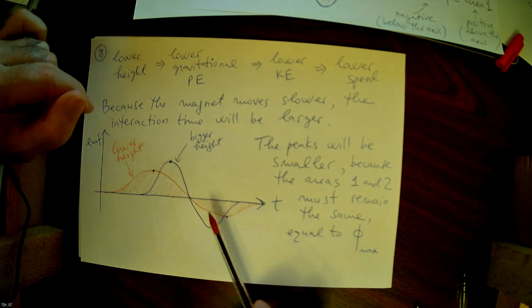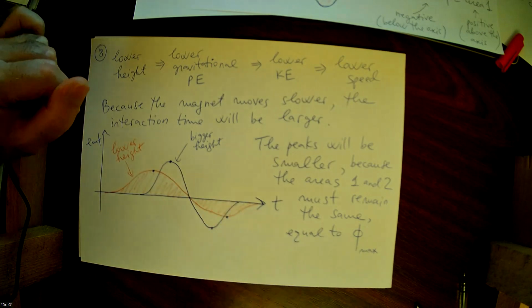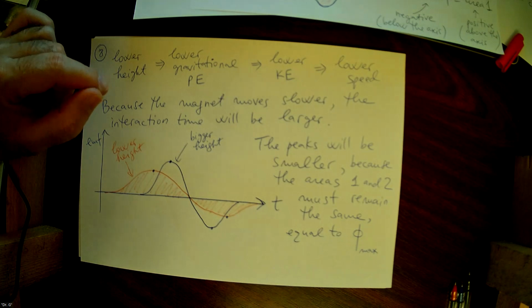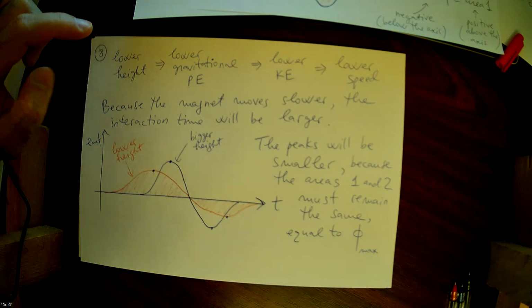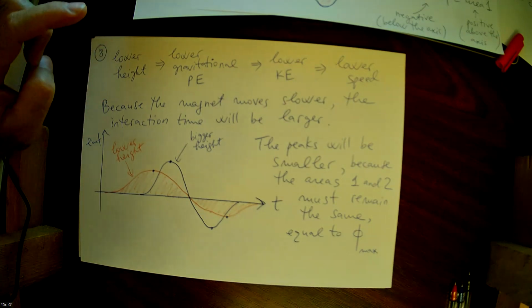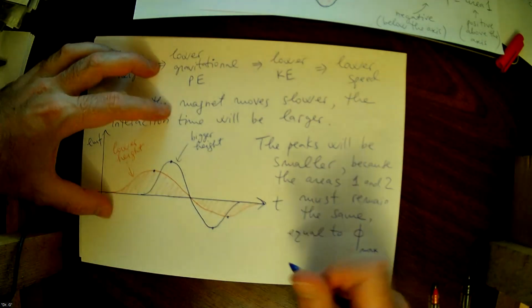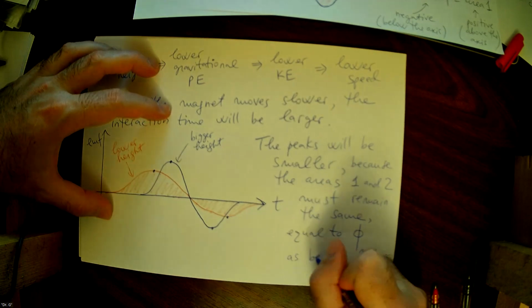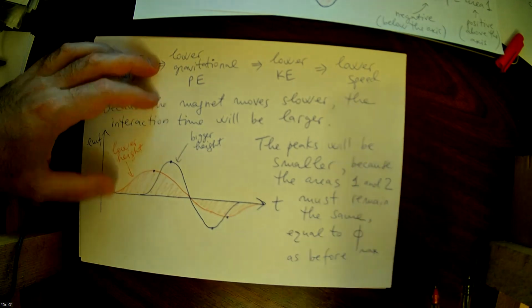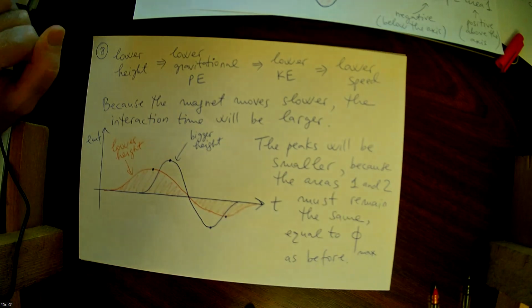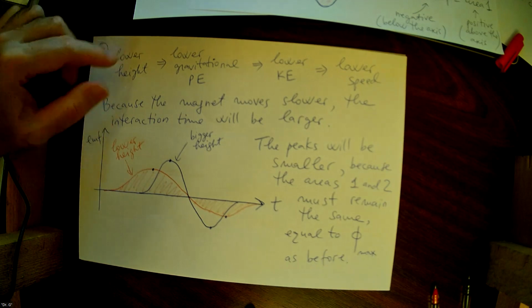All four areas are equal to the same thing. Okay, the peaks will be smaller because the areas 1 and 2 must remain the same, equal to phi max as before. And that's how you get the 3 mark points for this problem.